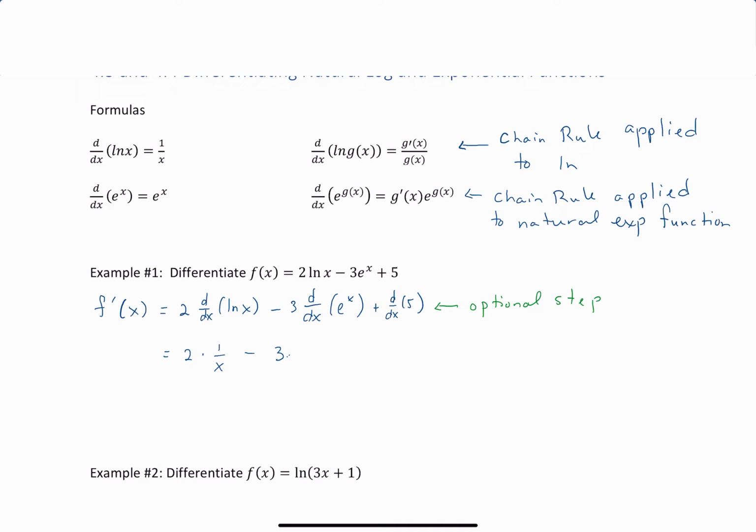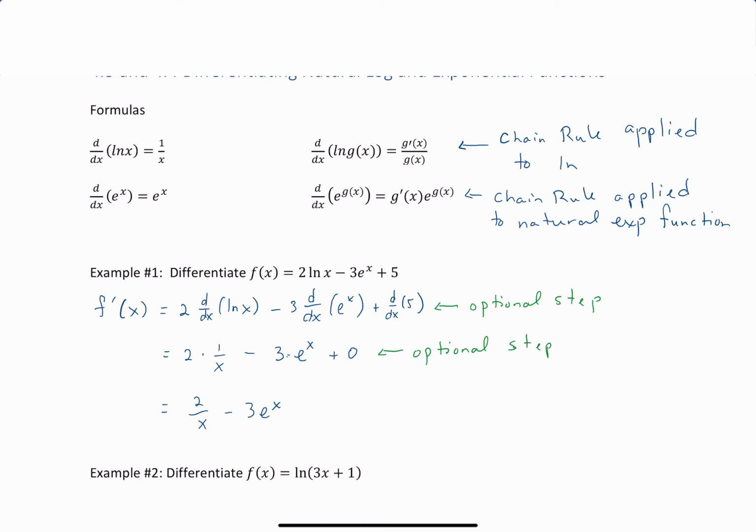Anyway, the derivative of e to the x is e to the x, and we know that the derivative of any constant is 0. So we're going to simplify that as 2 over x minus 3 e to the x. And I suppose, honestly, this is also an optional step. If you can differentiate and simplify at the same time, that's just fine.